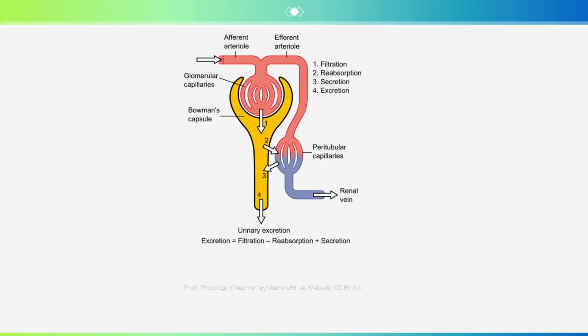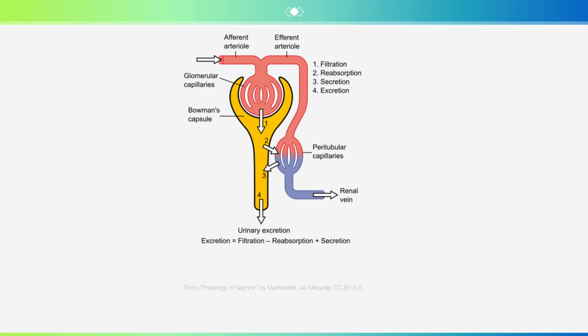When you look at kidney function, there are 4 basic functions of the kidney: filtration, reabsorption, secretion, and excretion. When the blood comes from the afferent arteriole, the glomerulus will filter the blood. Whatever is filtered will come to the Bowman capsule and tubules and come out as urine.